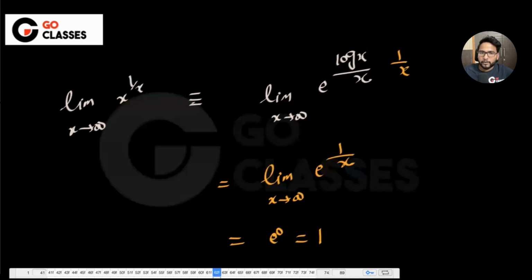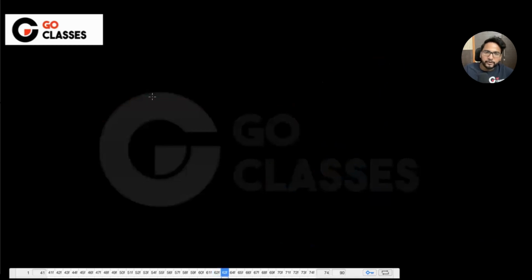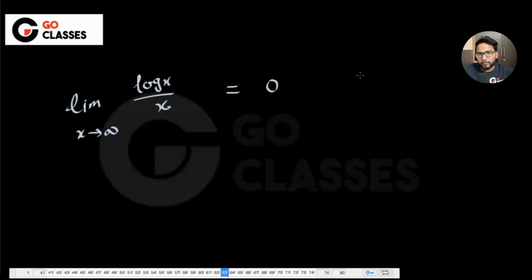So what I'm asking is this. Intuitively, can you tell me limit x tends to infinity, log x upon x? You can solve it, but intuitively, can you tell me why this is 0? Twinkle is saying that this is 1 upon x into log x, right?